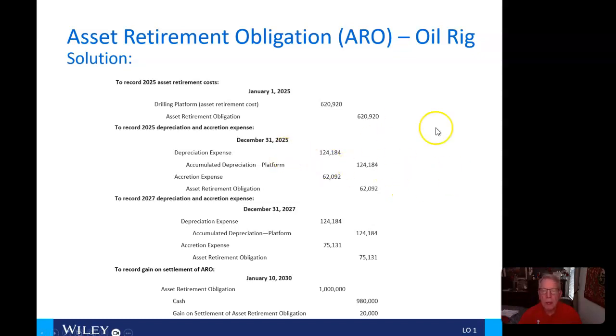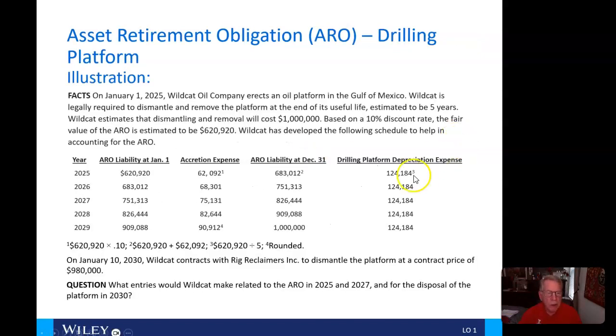So here we're going to record the cost of the platform and the associated ARO, $620,920. Then to record the depreciation and accretion expense, here was the $124,184. Here's where we got that, right? We got that simply by dividing 620,920 by 5.